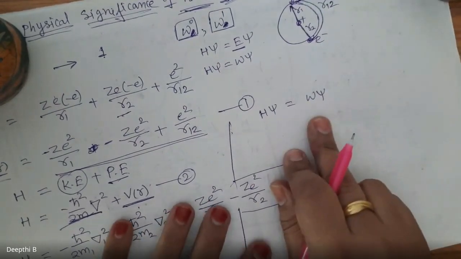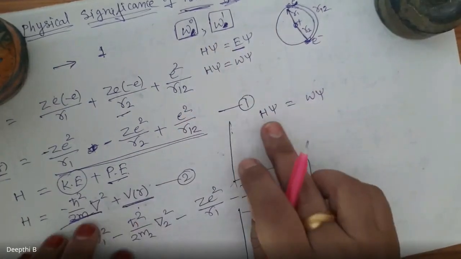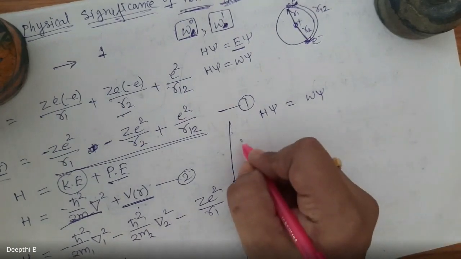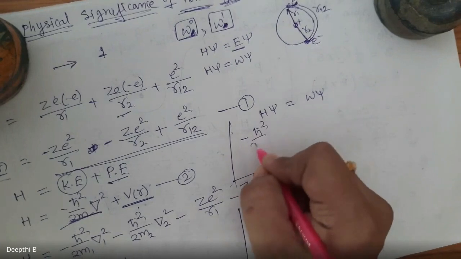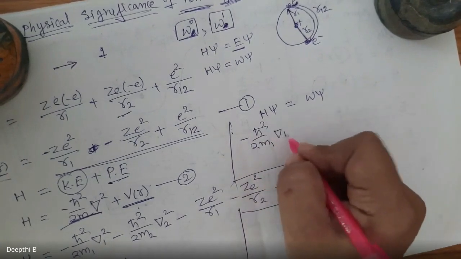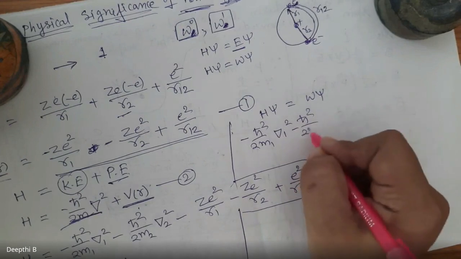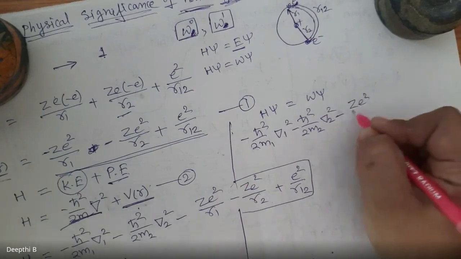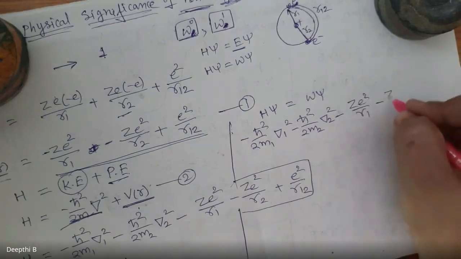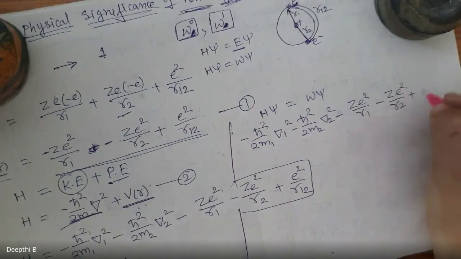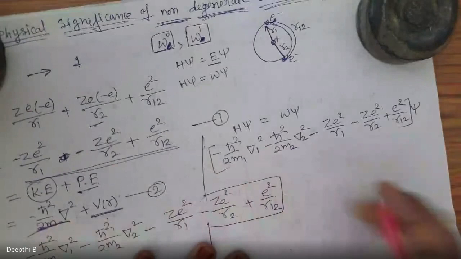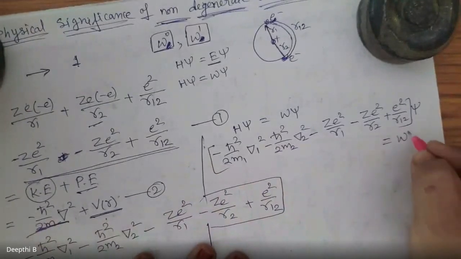Now put the H value in this: minus h cross square by 2m1 del 1 square minus h cross square by 2m2 del 2 square minus Z e square by R1 minus Z e square by R2 plus e square by R12, whole psi is equal to W psi.